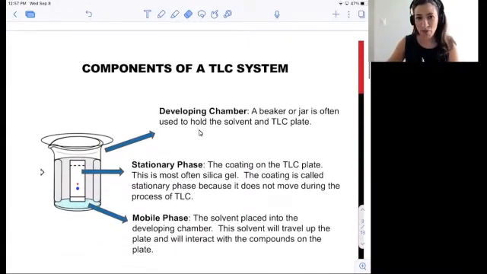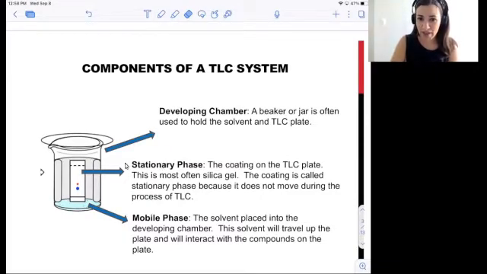So when we want to use this plate for analysis of samples and reaction mixtures, we place the plate into a developing chamber, which in our lab will be a beaker. This is often covered with a watch glass to prevent evaporation of the solvent and help saturate the environment within the beaker with the solvent vapor.